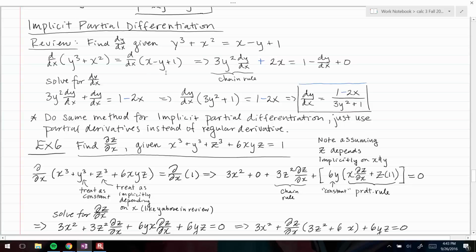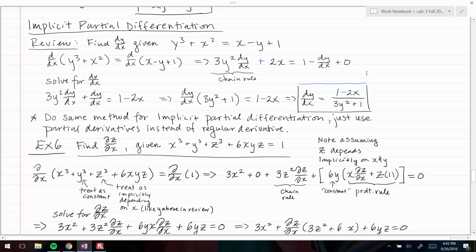And minus y is just hanging out by itself there. It's not like y cubed, or ln y, or sine of y. So you take its derivative with respect to x, which is simply dy over dx, and the chain rule is not needed here, plus the derivative of 1, which is 0.